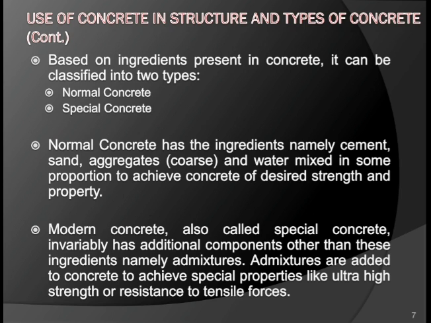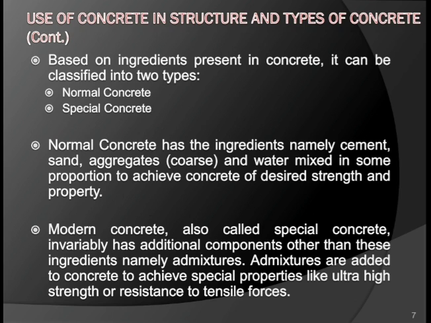So the known ingredients, the simple method by which concrete is made, that concrete is known as normal concrete. Then what is the difference between normal concrete and special concrete? So special concrete has additional components other than these ingredients, and that component is known as admixture.